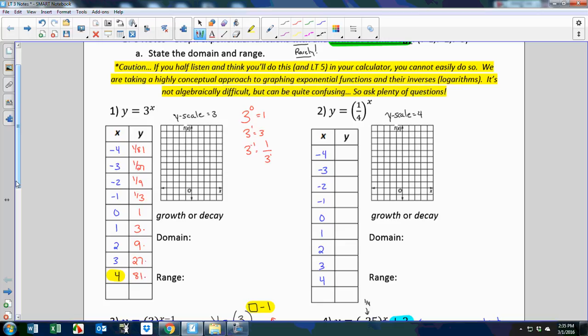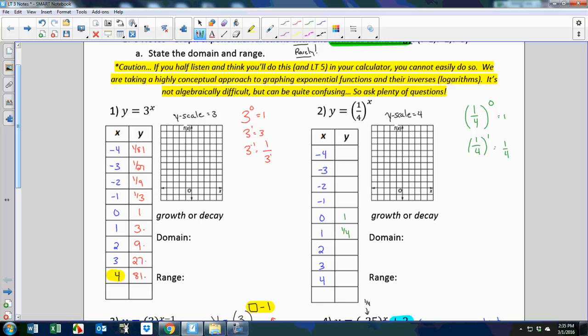While we're in that mindset, we're going to go ahead and do the next table as well. So doing number 2, 1/4 to the blank. Well, I'm going to start with 0 again, and then 1/4 to the 1, and so forth. 1/4 to the 0, anything to the 0 is 1. 1/4 to the 1 is 1/4. So we've got 1 and 1/4.